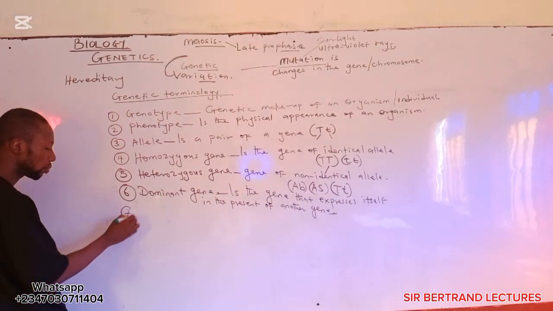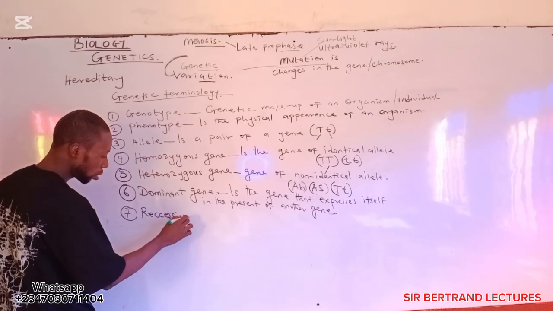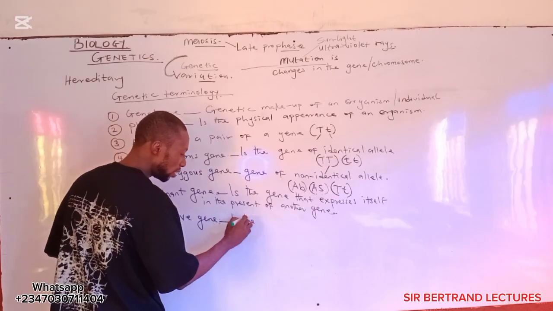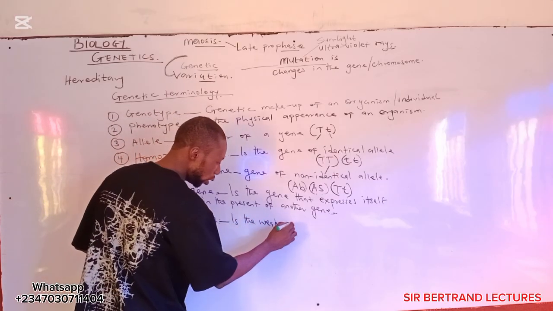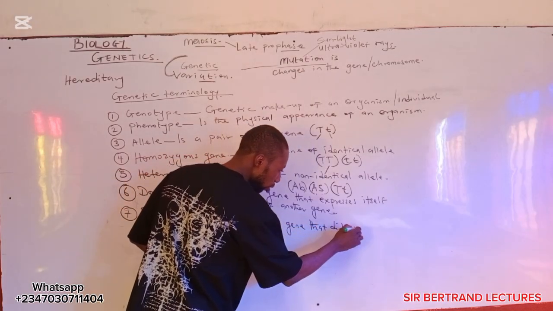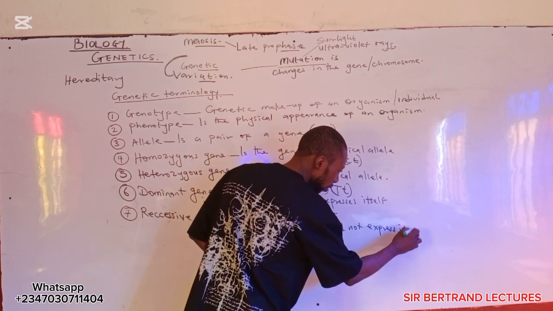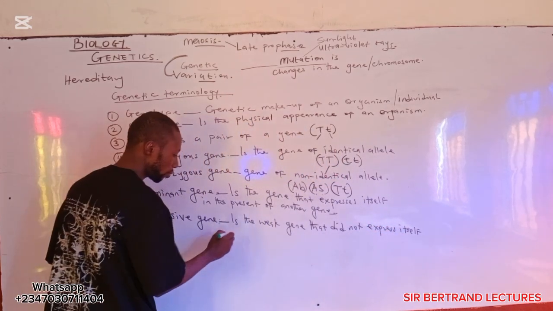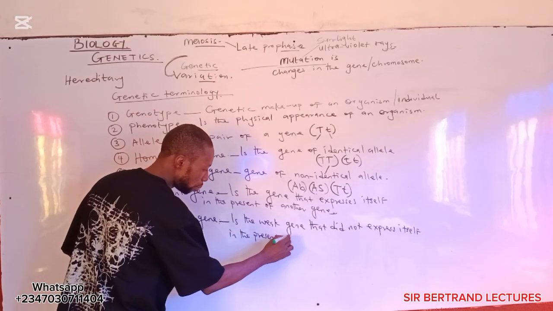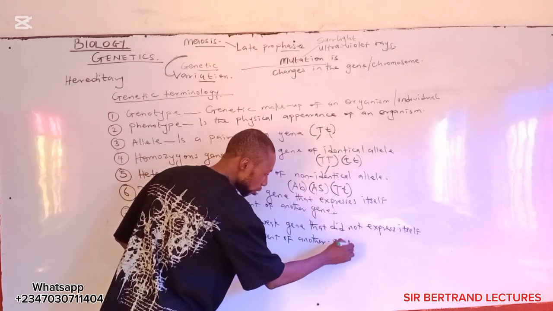Number seven is recessive gene. That is the weak gene that does not express itself in the presence of another gene.